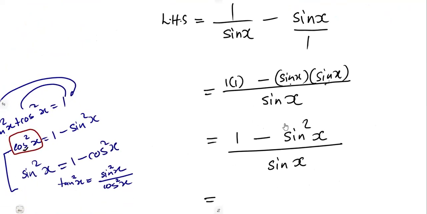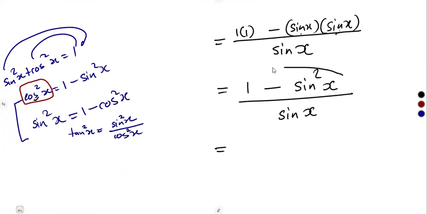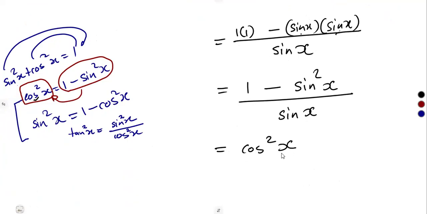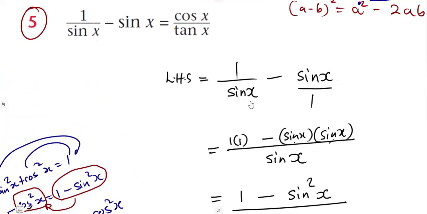So meaning to say there's something about this here. 1 minus sine squared. Let us have it as a single term. Remember, 1 minus sine squared is equivalent to what? Cos squared. So in place of this 1 minus sine squared, we are going to have the cos squared of x over the sine of x. This is where we are, guys.